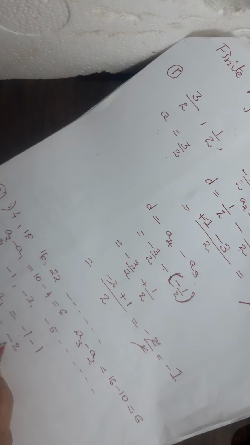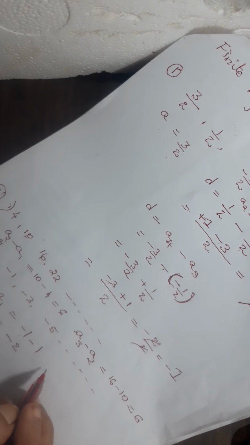Now you should remember your rules of signs. Same signs: add the numbers and put the same sign for the answer. This is the rule which you have learnt in the lower classes. So 1 plus 1 is 2, and the same sign you put for the answer, so minus 2 you got. That is the common difference there.